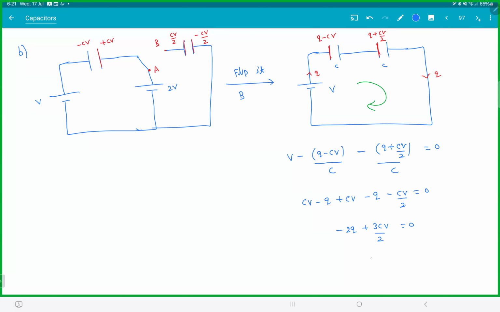Q is equal to 3CV by 4. There. So your final charges would be: this guy becomes plus CV by 4, and this guy becomes plus 5CV by 4. Those two are the plates in the middle.